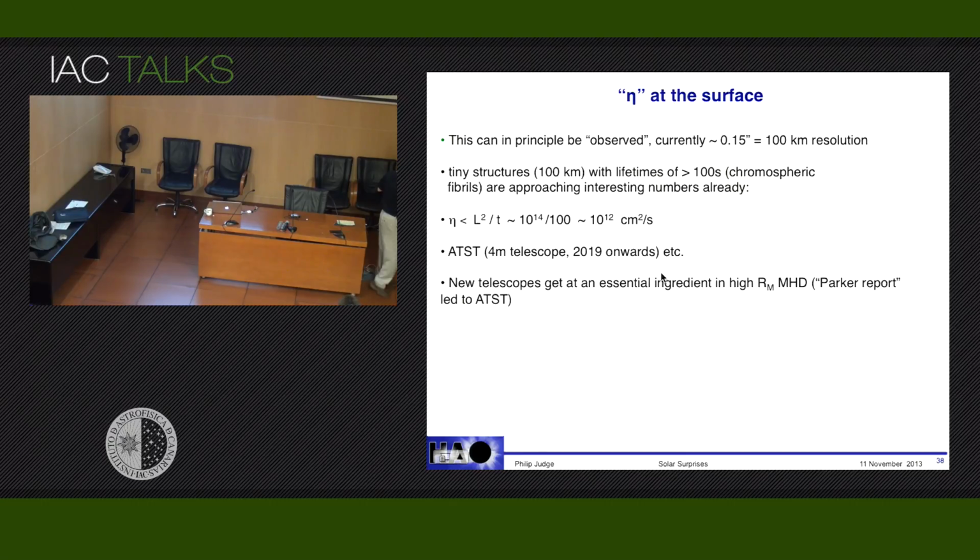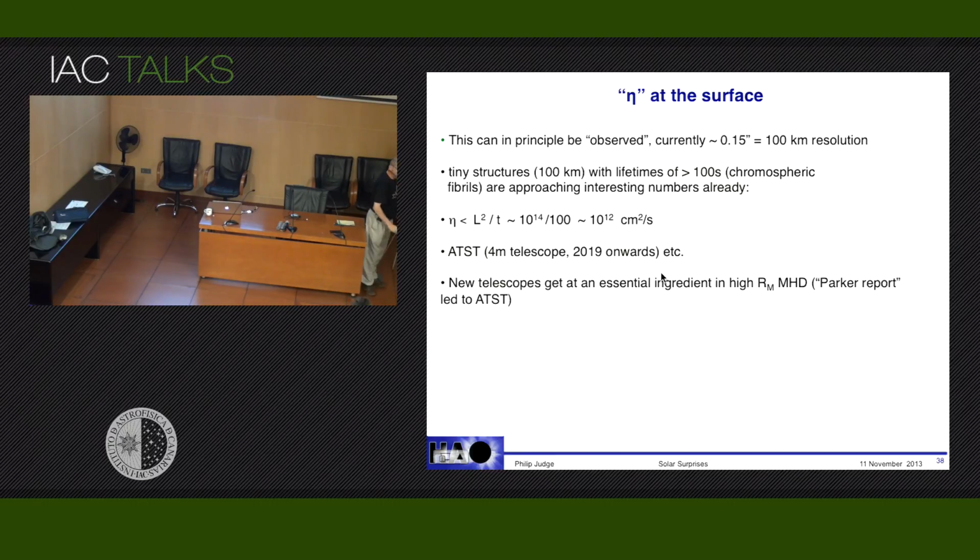This is 0.1 megameters, so it's 10 to the 2 kilometers. So it's 10 to the 7, 10 to the 14. So this is a length of 10 to the 7 centimeters. So that's 10 to the 14 divided by 100. It's about 10 to the 12.